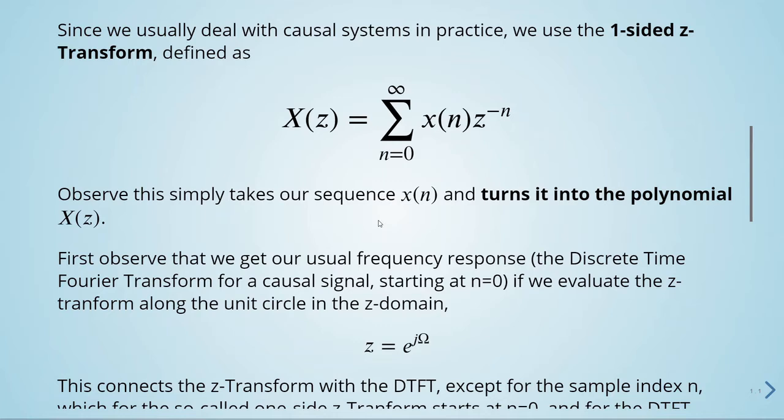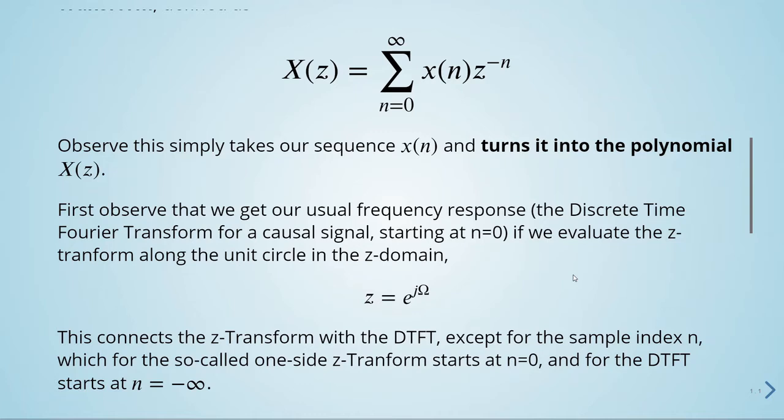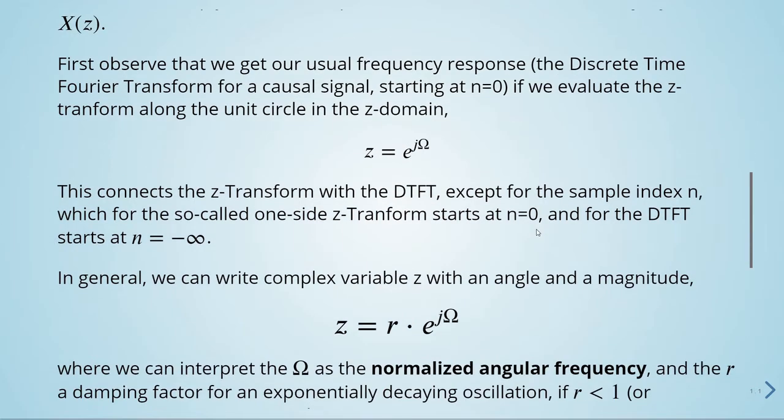If we evaluate the Z transform along the unit circle in the Z domain, so when z is equal to e to the power of j capital omega, this connects the Z transform with the DTFT, except for the sample index n, which for the so-called one-sided Z transform starts at n equals 0, and for the DTFT starts at n equals minus infinity.